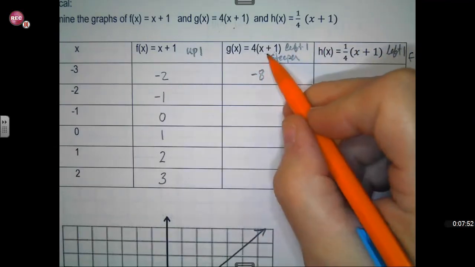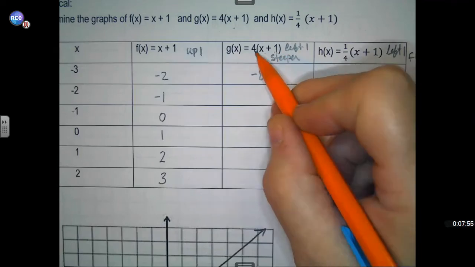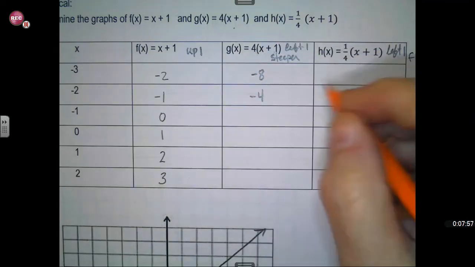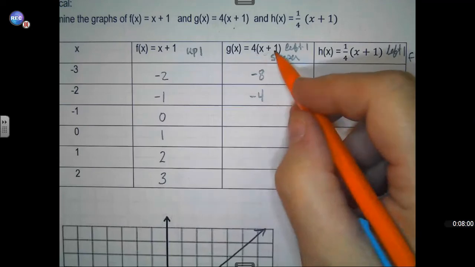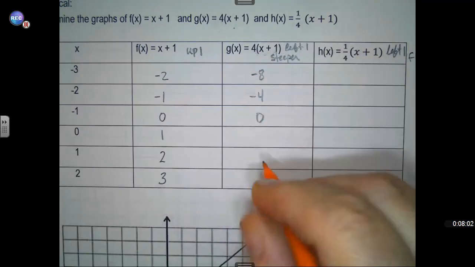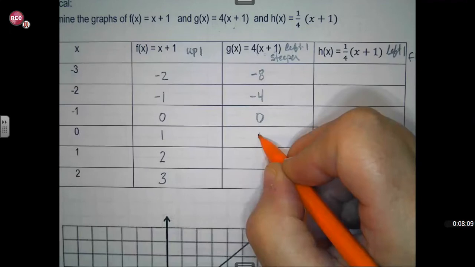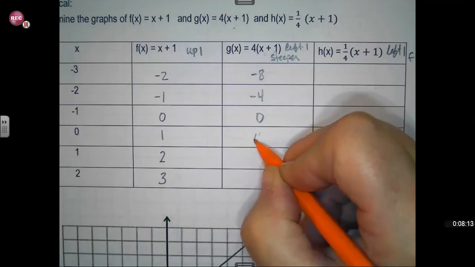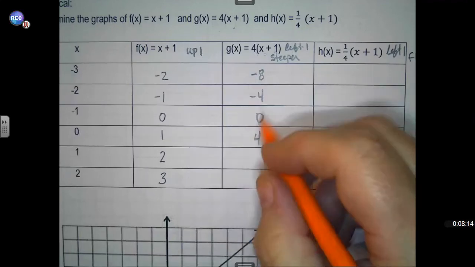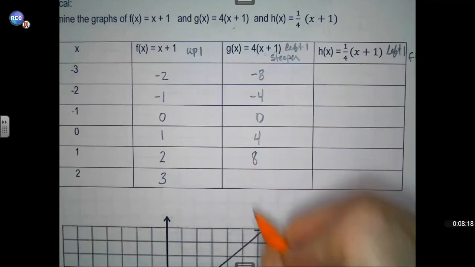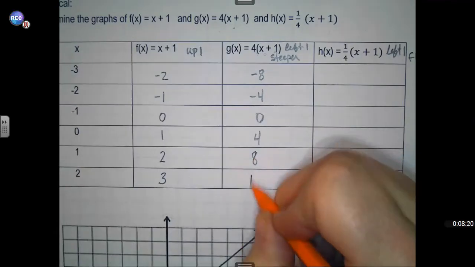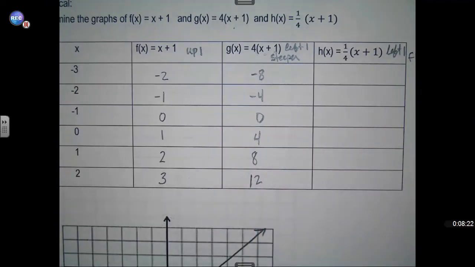Take -2 plus 1, get -1, times 4 is -4. -1 plus 1 is 0, times 4 is 0. 0 plus 1 is 1, times 4 is 4, and then 1 plus 1 is 2, times 4 is 8, and 2 plus 1 is 3, times 4 is 12. Obviously, some of these points are not going to fit on my graph. (-2, -4) does.